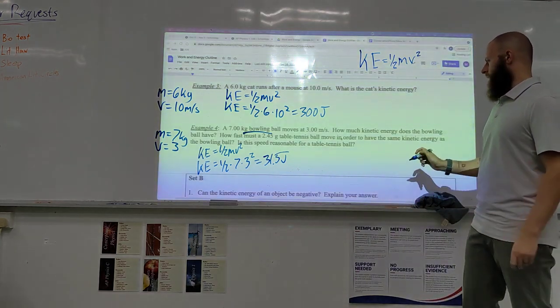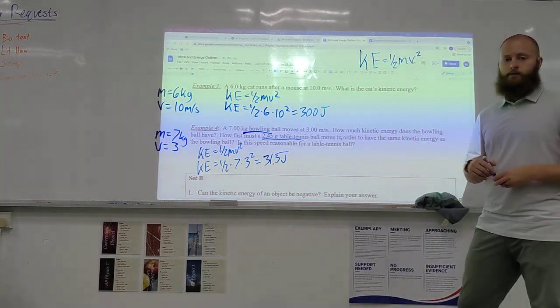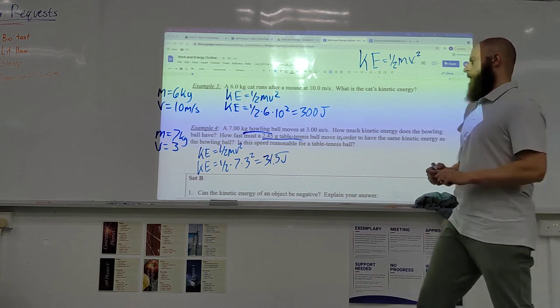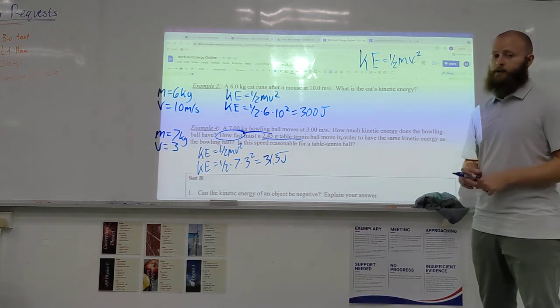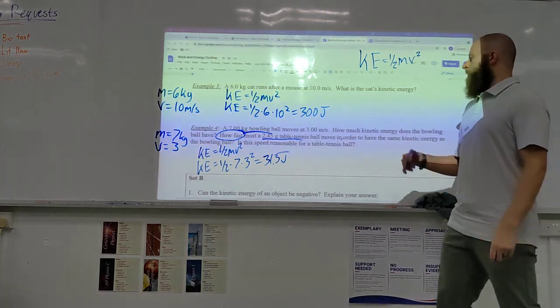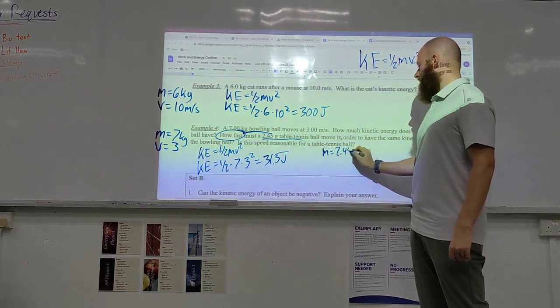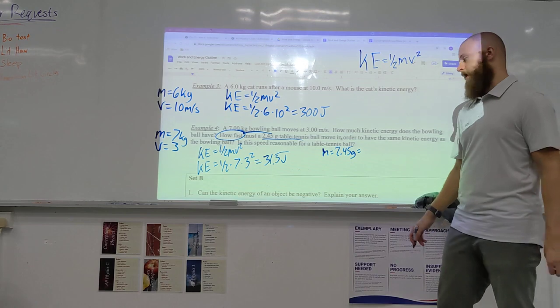Now let's look at the second half. This is about the table tennis ball. In this one, what are we solving for? What does it ask about the table tennis ball? How fast? So in this part, we're actually looking for velocity instead of KE. Let's write down our variables. m equals 2.45, but this is grams. So we need to figure out how many kg that is.